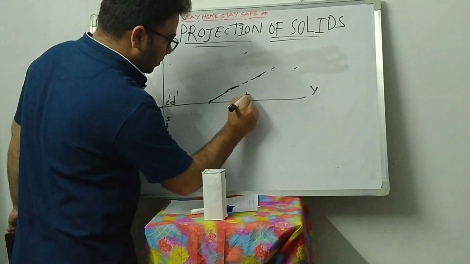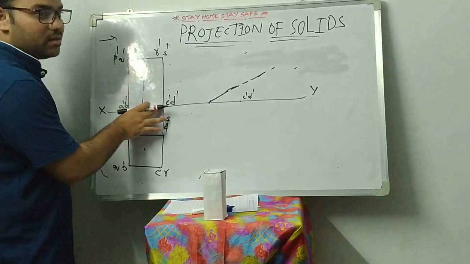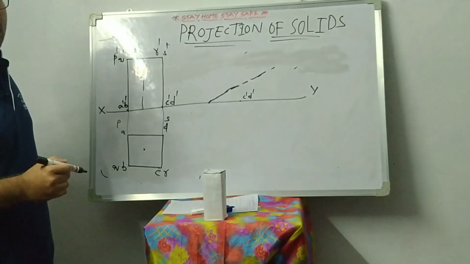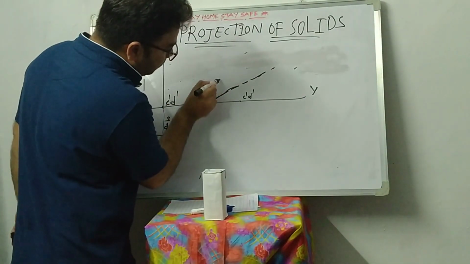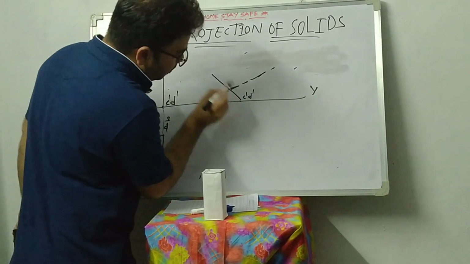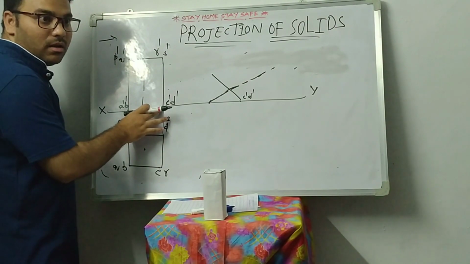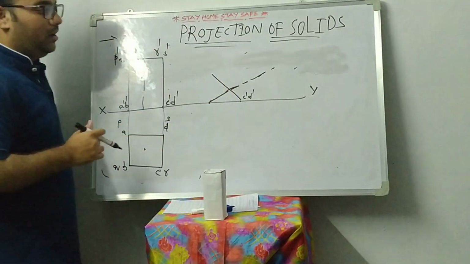This is C dash. Select the points C dash and D dash. Now measure this distance and project an inclined line here. Whatever the length is there, measure it and draw an inclined line.